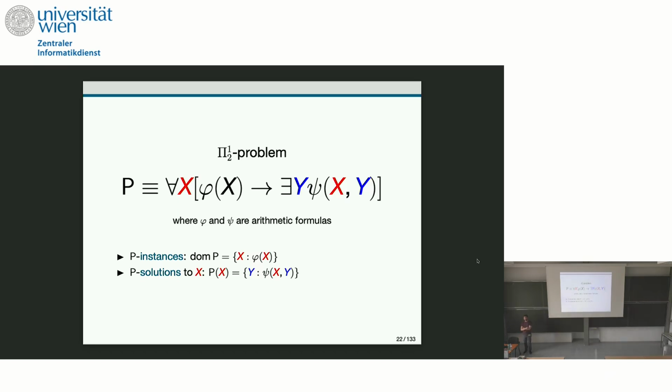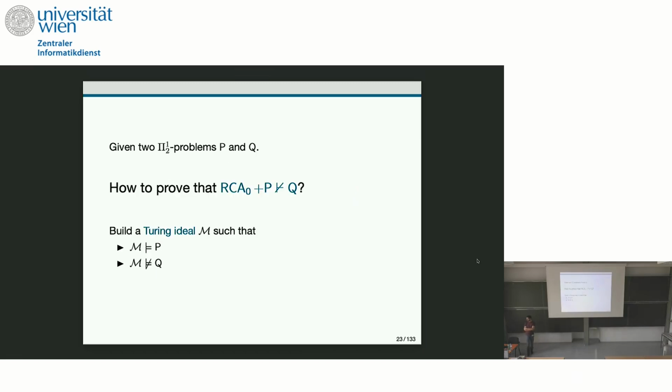It's easy to check, modulo proper coding, that both previous problems can be expressed as Π^1_2 problems. So given two Π^1_2 problems, P and Q, how to prove that P does not imply Q over RCA_0? We want to build a separation over omega models. So our goal is to build a Turing ideal which satisfies P but does not satisfy Q.